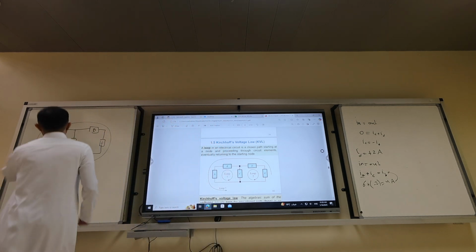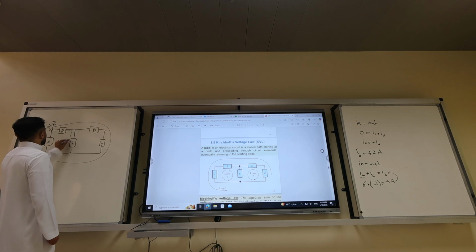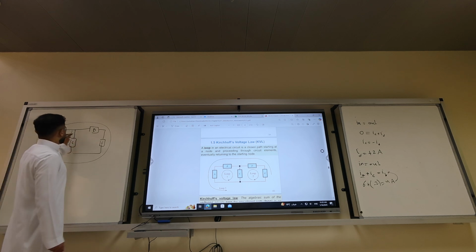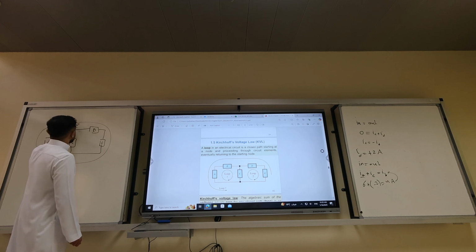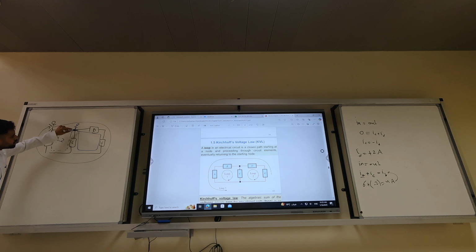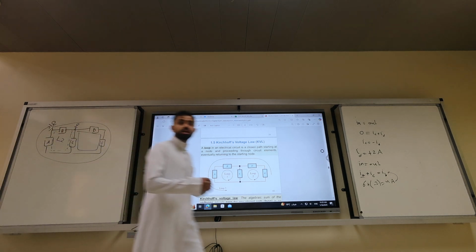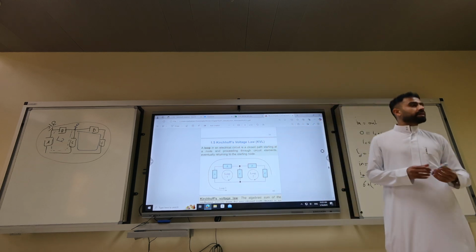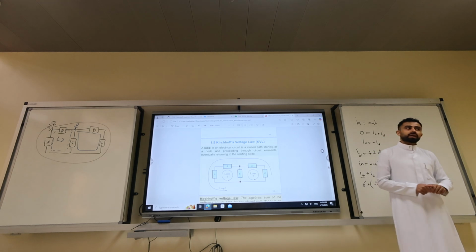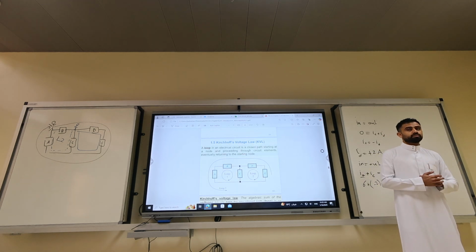I can walk here across this, so this is loop 2. Or I can start from here and go over this loop. Once you walk over the elements, you need to stop. Get it? So how many possible loops here? 3. Can you find a 4th loop? No.